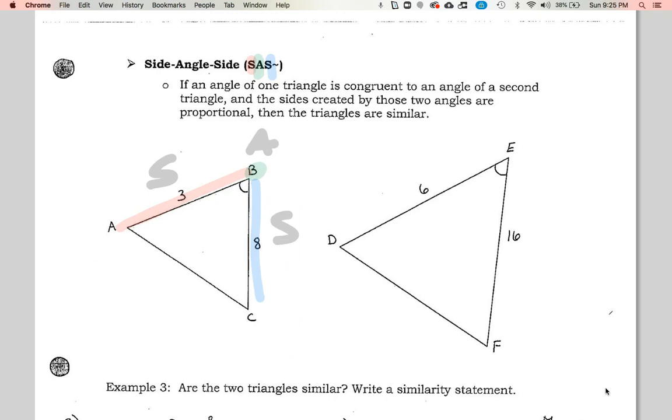And when that happens, we need another congruent angle with proportionality coming out of that angle.